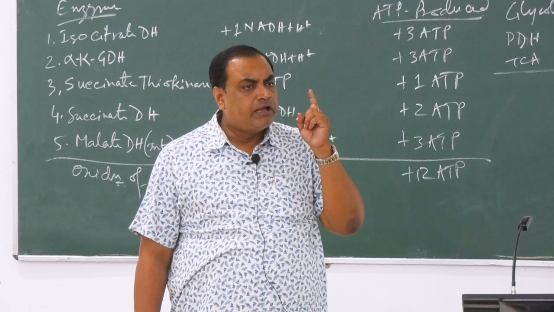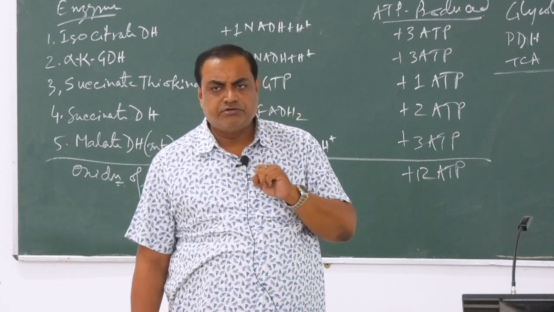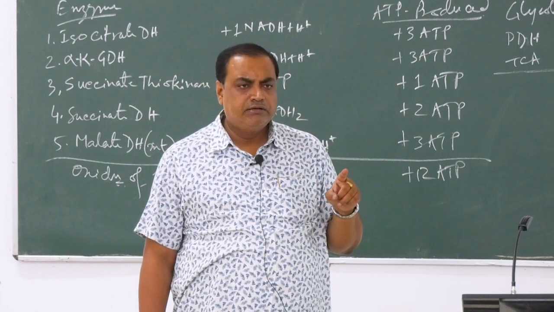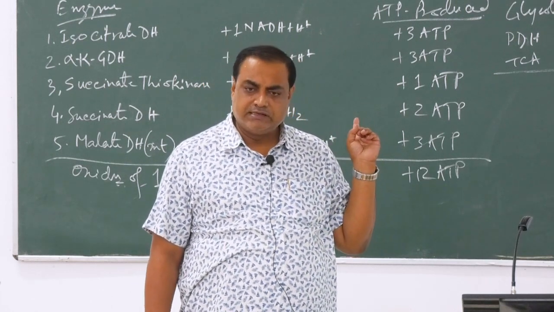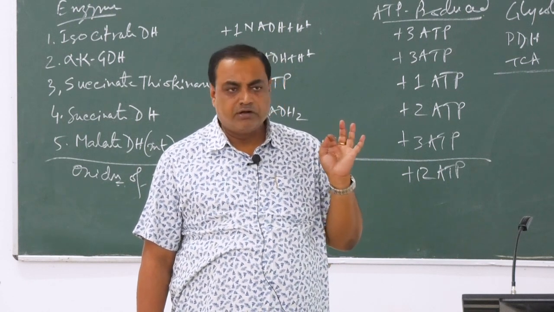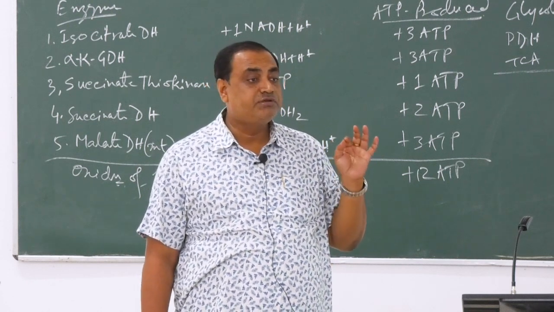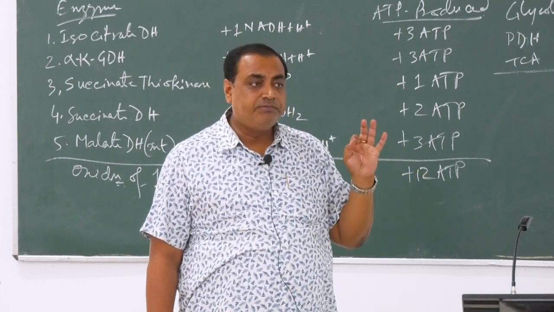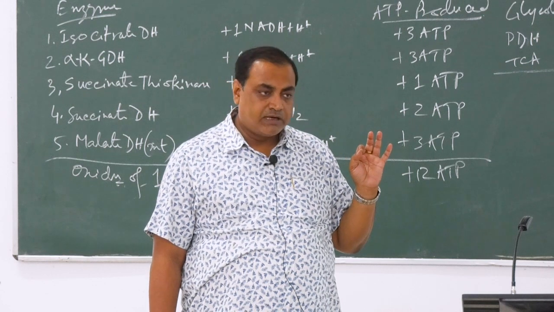But in mature erythrocyte, all the molecules will not participate in glycolysis. Only 30% on an average will participate in the pathway of glycolysis. Only 30%. Correct?